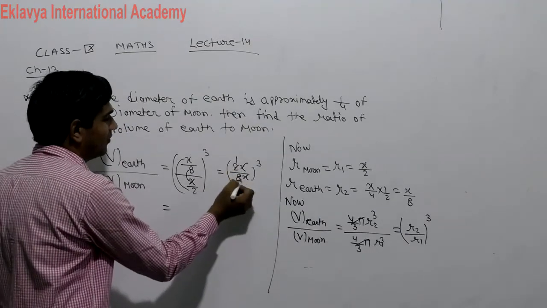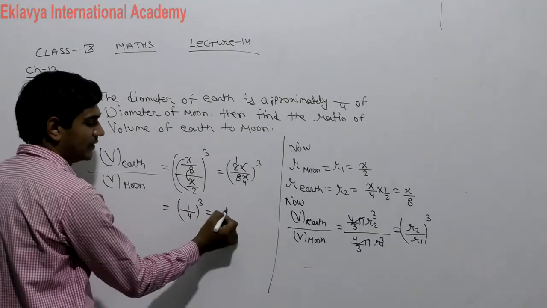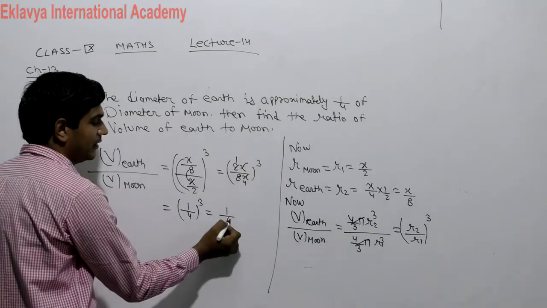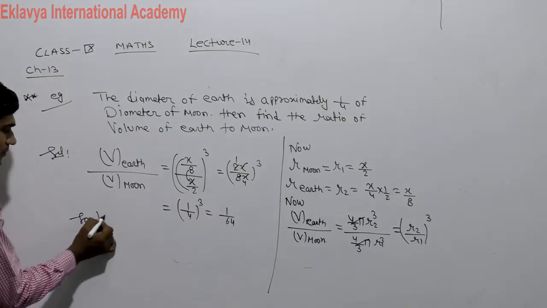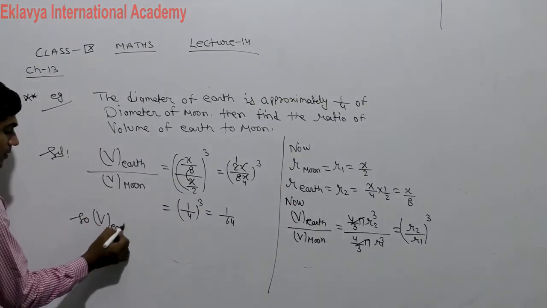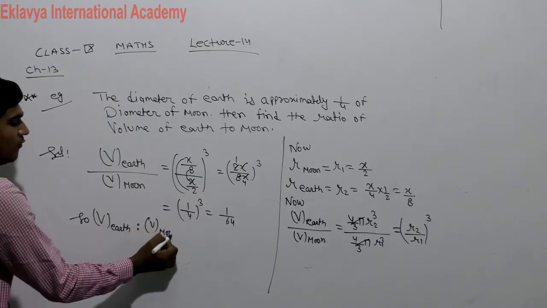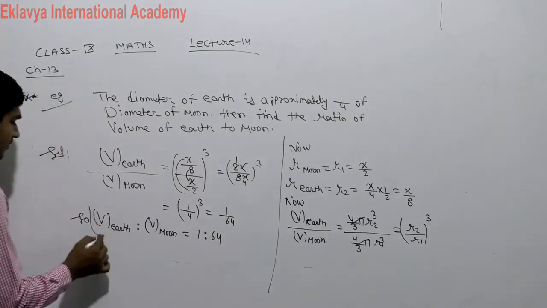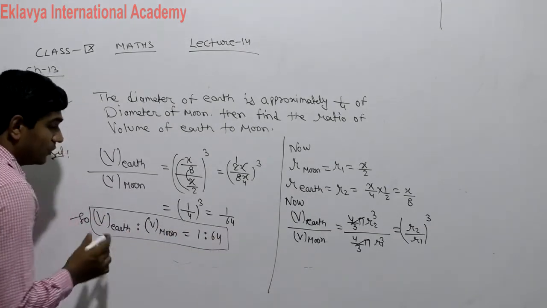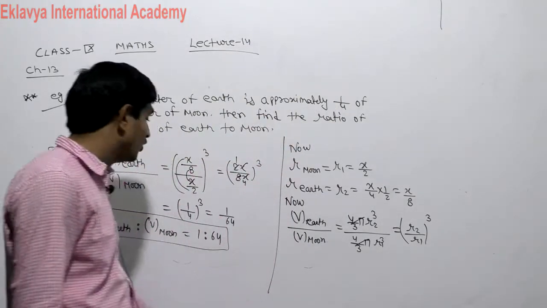X cancels, 1 upon 4 whole power 3. 1 power 3 is 1, 4 power 3 is 64. So the ratio of the volume of earth to the volume of moon is 1:64.